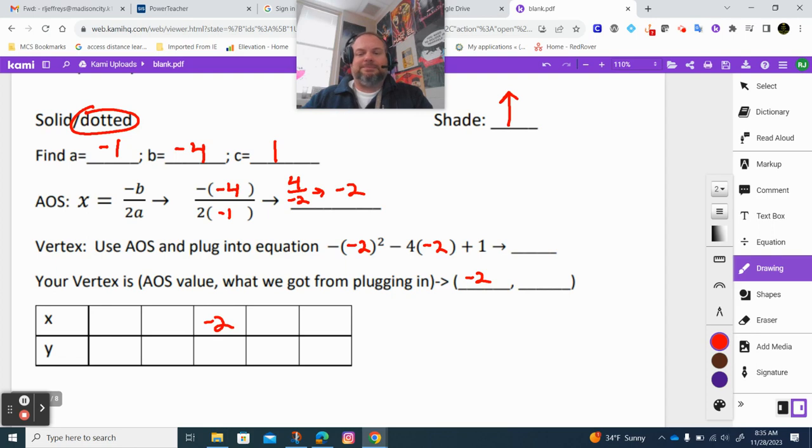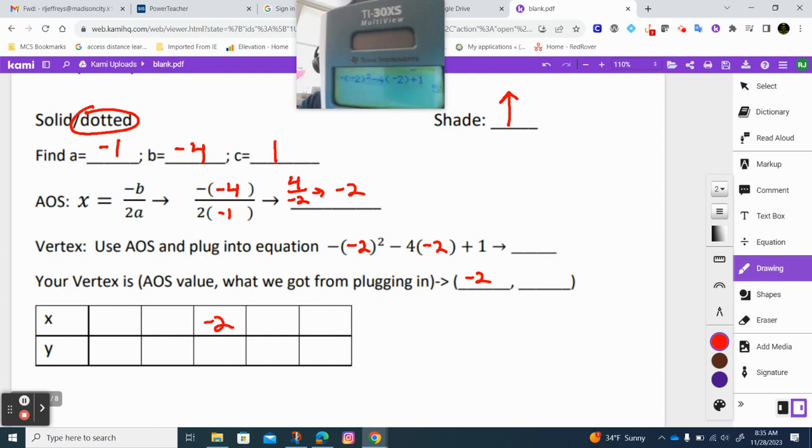Now, we need to find the Y value of our axis. -2 squared -4 times -2 plus 1. All right. We plug all this in. We get 5.